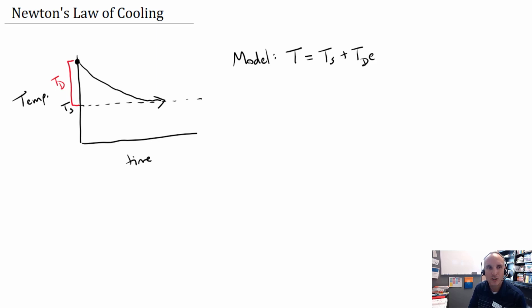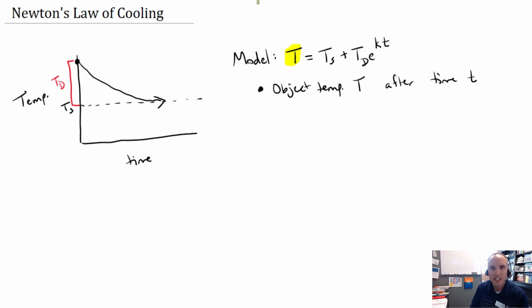This is an exponential graph. So let's discuss this model in greater detail. This is the object temperature, capital T, after time, lowercase t.